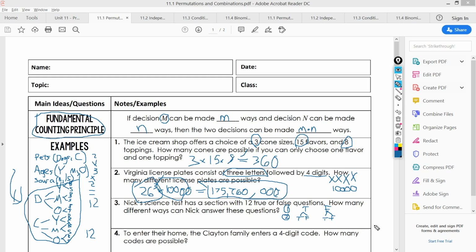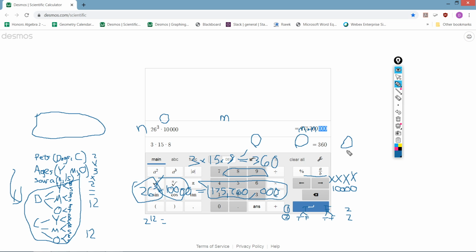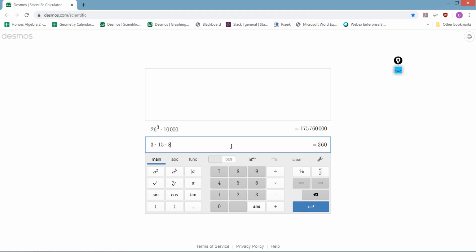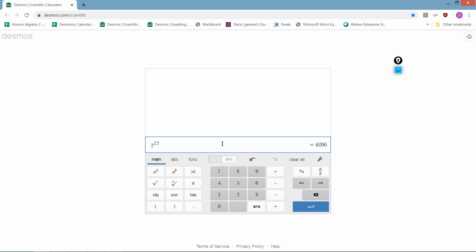So you can see this can actually be written as a sample space, just like the pets example. And each layer has 2 options. So that means we're multiplying 2 12 times, so it's just 2 to the 12th power. Okay, 2 to the 12th. So 4,096.